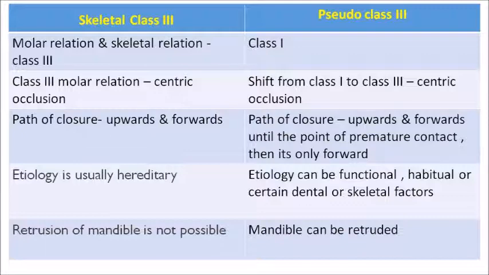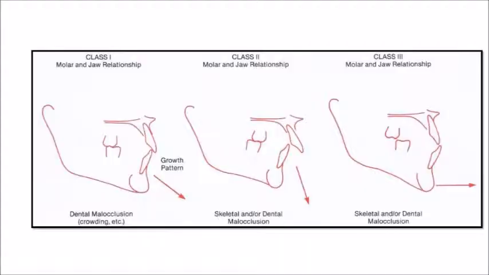So we can forcefully bring the mandible into a normal position, which is its retruded normal position. Whereas it's not possible to forcefully retrude the mandible in true class 3 malocclusions. This picture is really summarizing Angle's classification of malocclusions, not only dental but also in a skeletal way.